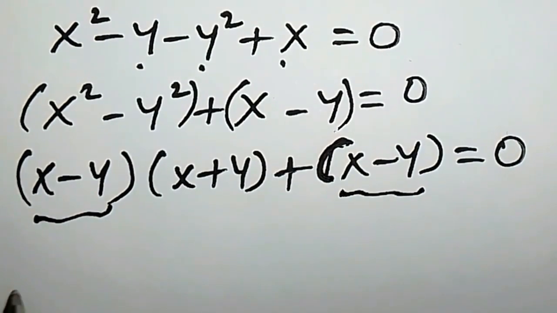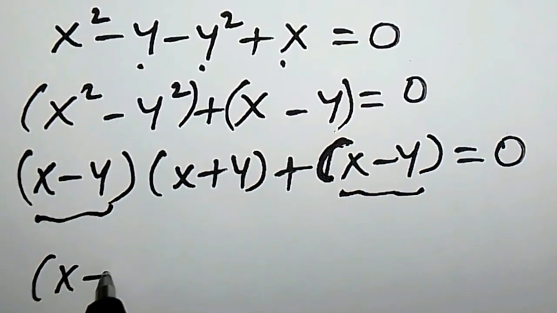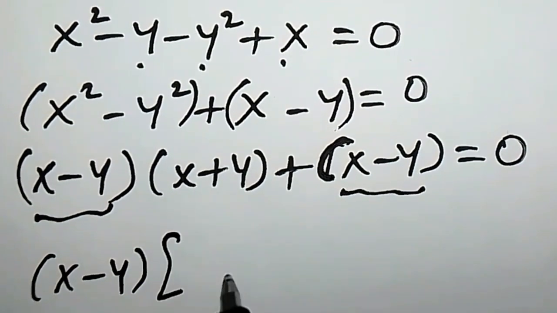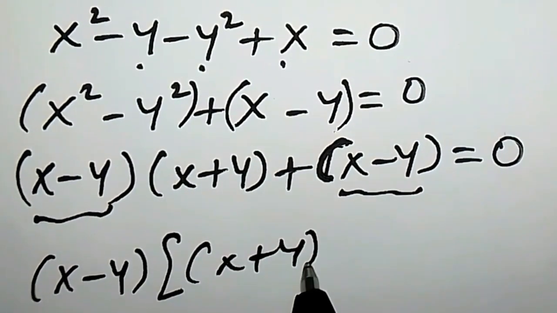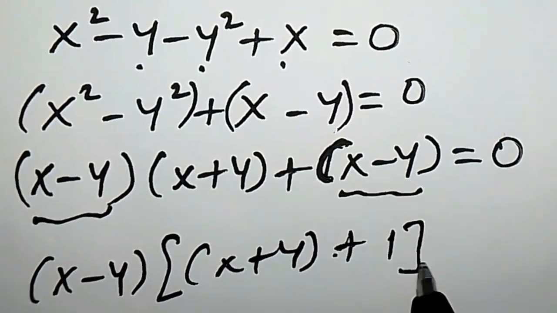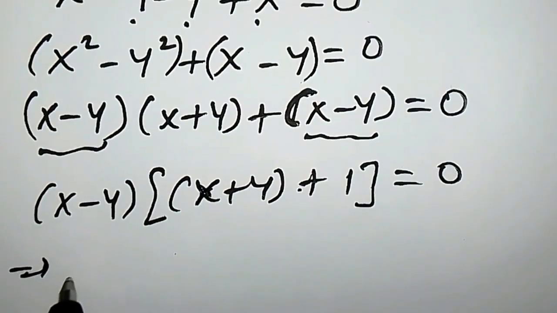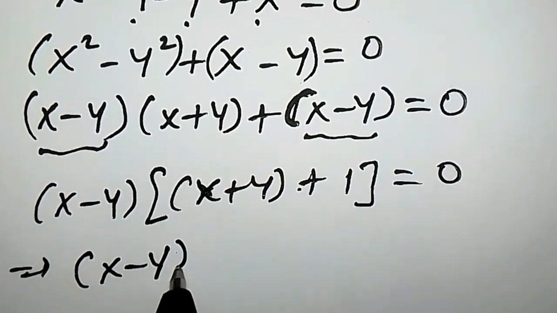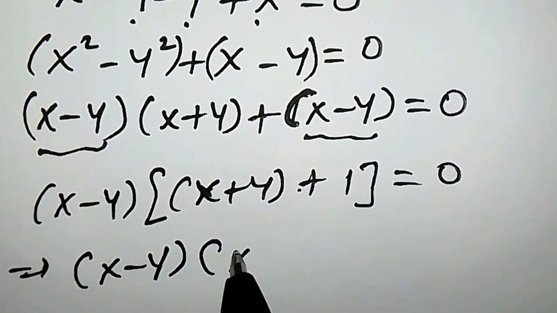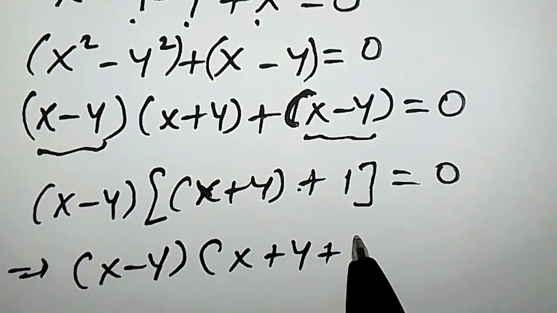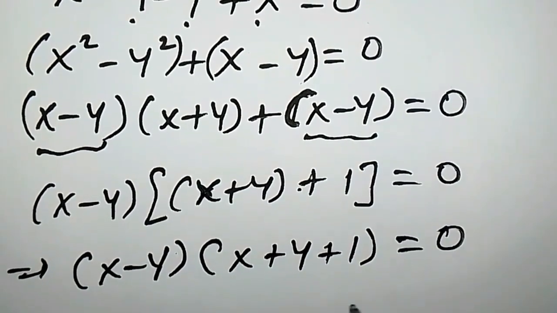We can pull it out. So that will be x minus y into x plus y plus 1 equal to 0. Let's proceed further. This implies that x minus y times x plus y plus 1 is simply equal to 0.